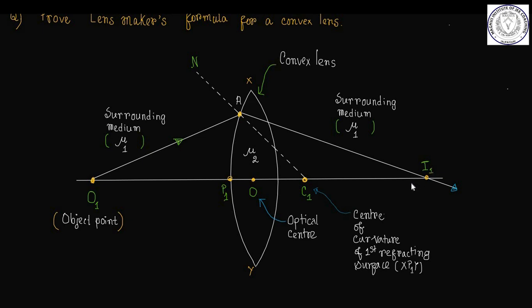I1 is the real image formed due to refraction of light through the first refracting surface xp1y of the convex lens. And actually this ray will appear to travel along AI1.